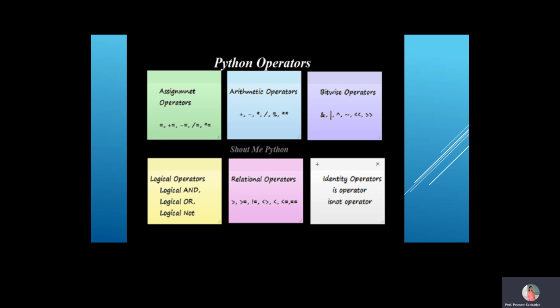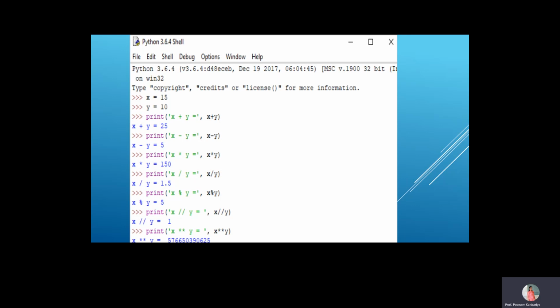Is not returns true if both variables are not the same object, meaning x is not y. So these are the different types of operators used in Python. These are very important operators for the Python programming language.